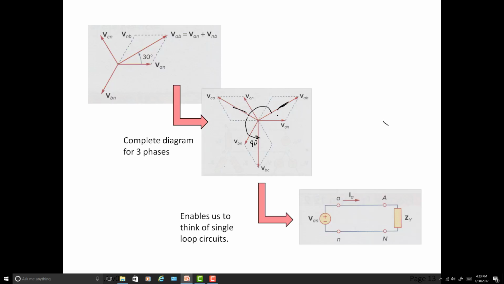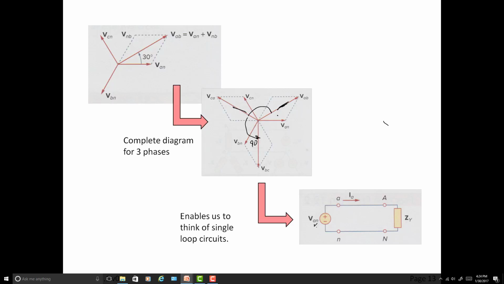Nice thing about this, it enables us to think back of single loop circuits, right? So here was one, our original one stated again. This is in terms of a phase voltage, but we can do all the substitutions, because this is a Y value here.